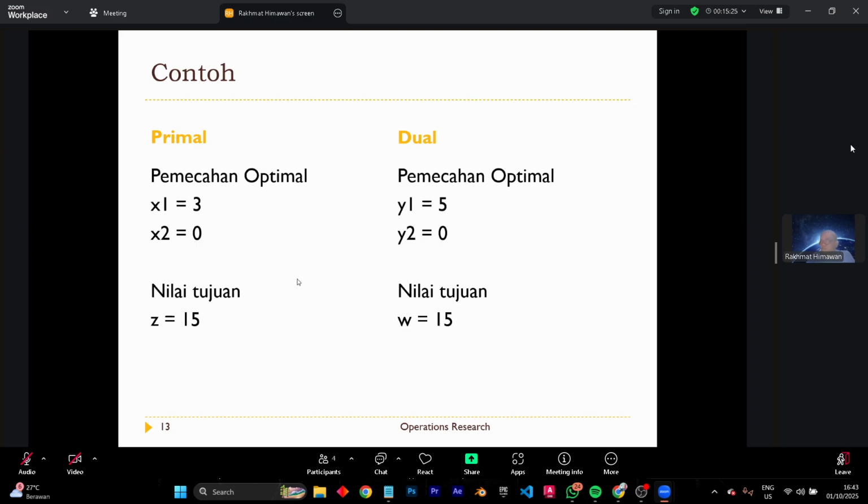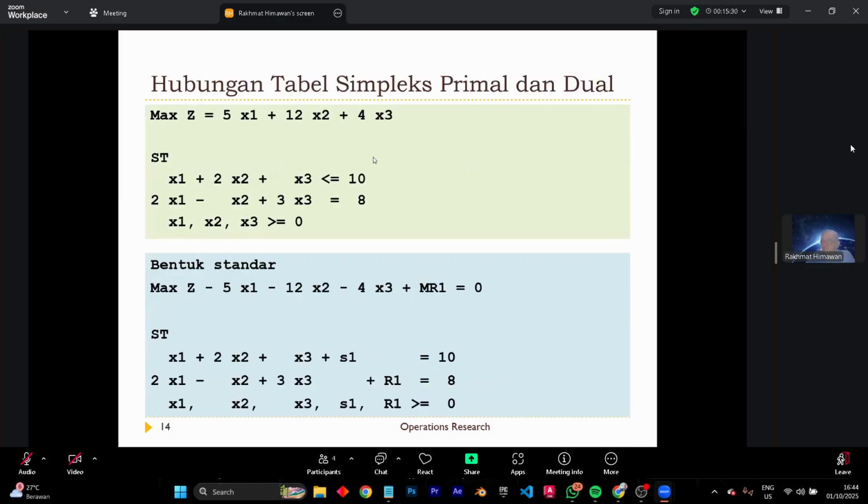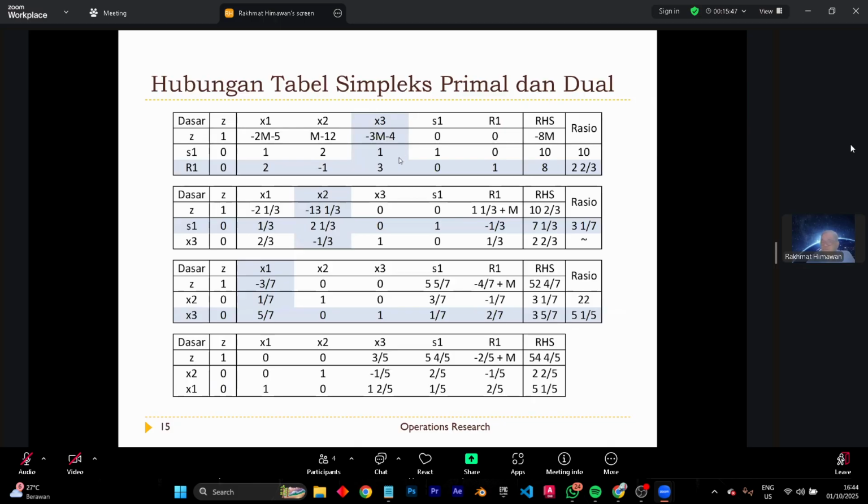Okay, so let's try an example now. If we actually solve it using the primal, we now have the big M for this case because we have an equality here. Put R1 in here, M R1. This is the way to solve, after three iterations we don't have M in the right hand side.